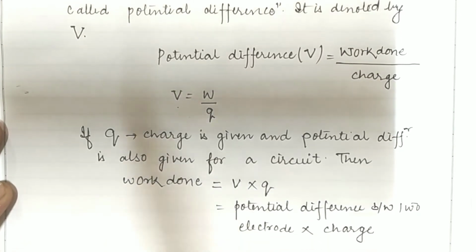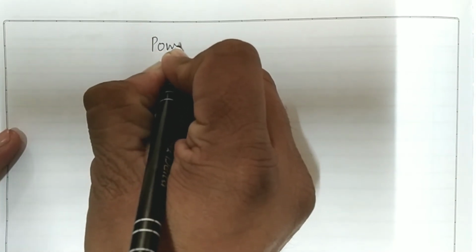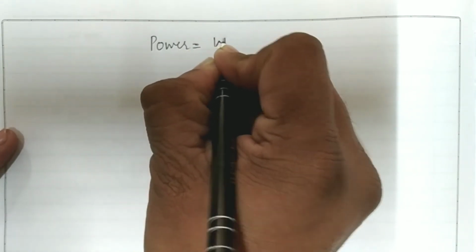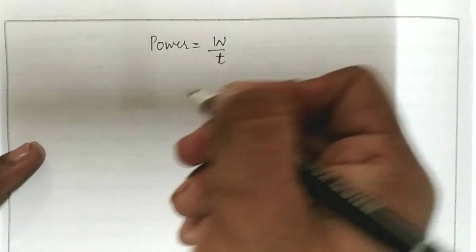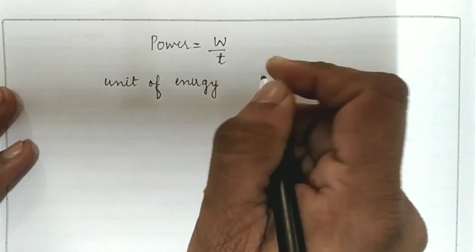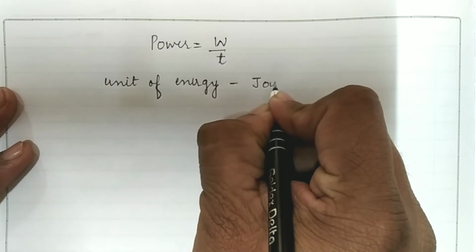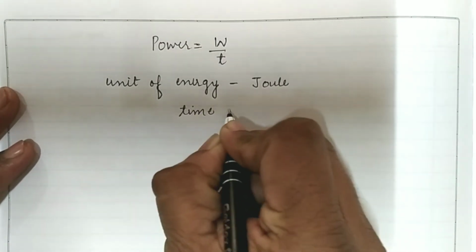Okay children. Now, as we have learned, power for a household circuit is the work done per unit of time, that is W by T. We know the unit of energy is joule, and time is in seconds.